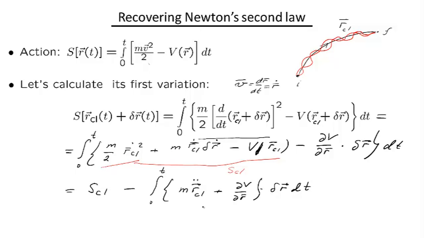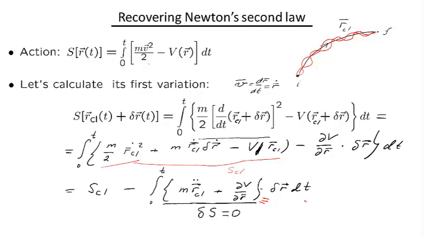Remember, this is exactly our first variation, and this is something we want to set to 0. This must be equal to 0 for every possible fluctuation away from the classical trajectory. This implies that the expression in the curly brackets must be identically equal to 0 for the first variation to vanish, for us to be able to find the minimum of the action.